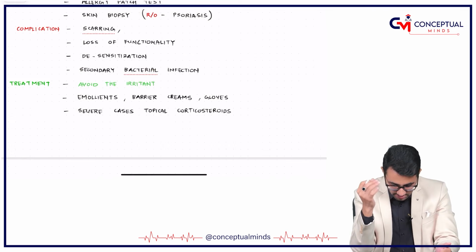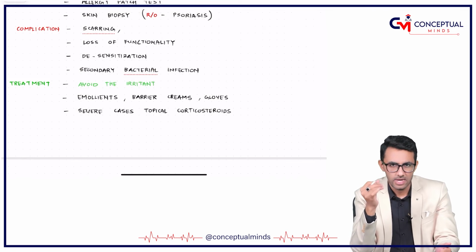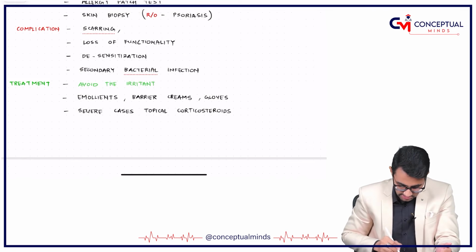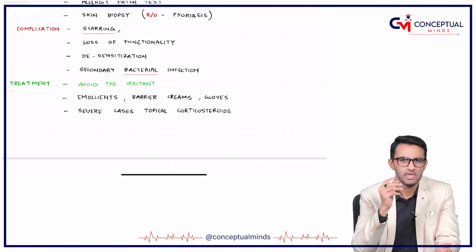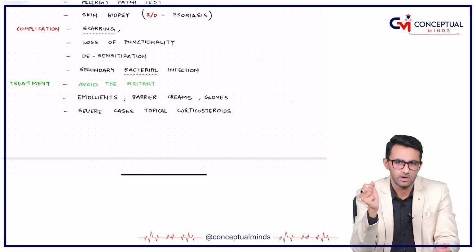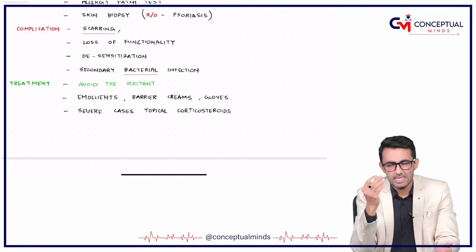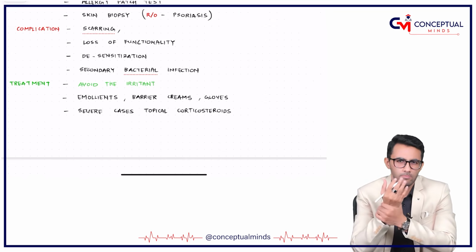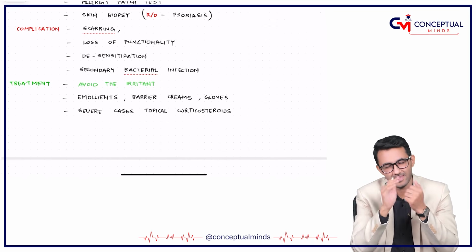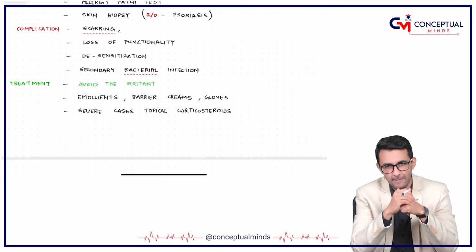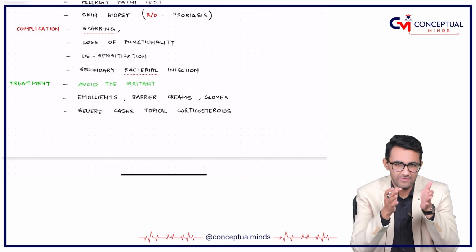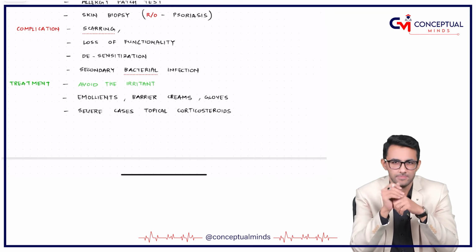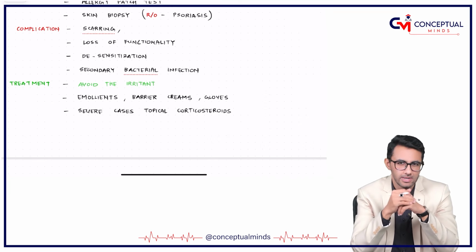If the patient is having dryness, we would give emollients, barrier creams, and gloves. If the patient has to do that work, for example, maybe the patient is a chef, just for example, and he is allergic to a specific type of chili, so he has to handle it.